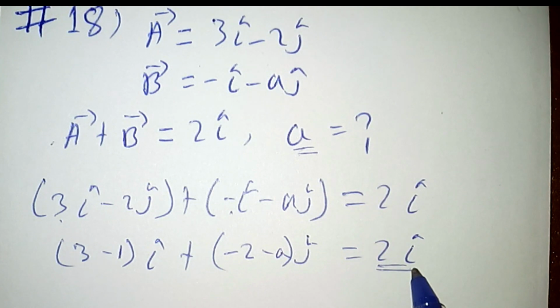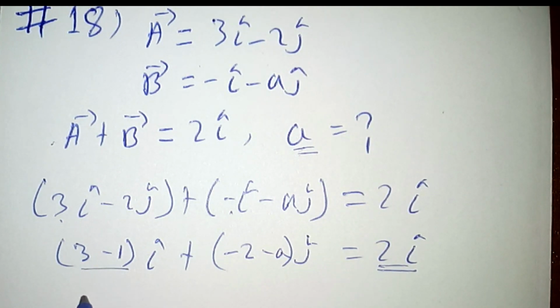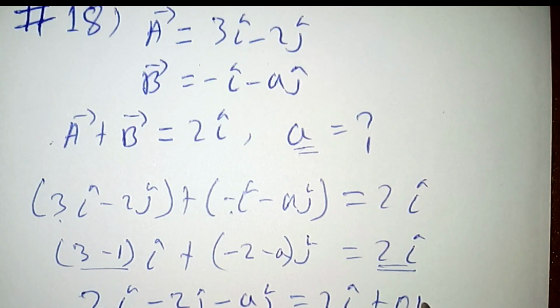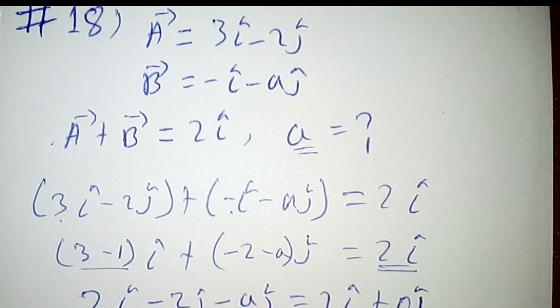But this is equal to 2i. So this is 2i minus 2j minus aj, which is equal to 2i. That means we have 0j on the right side, because the j component is not there.